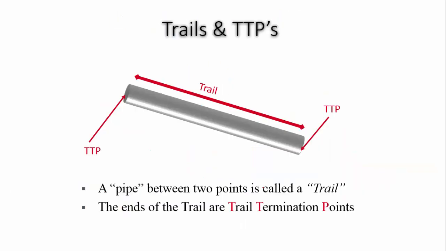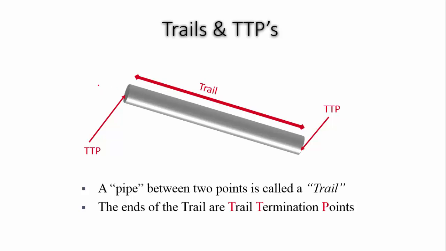Let's understand a couple of terms being used in SDH which would help us in understanding the layered architecture in a better way. The trails and TTPs. What is a trail? A trail is a pipe between 2 points.